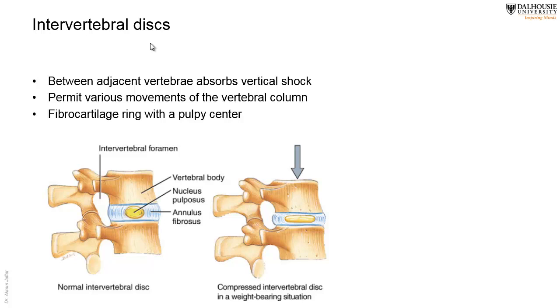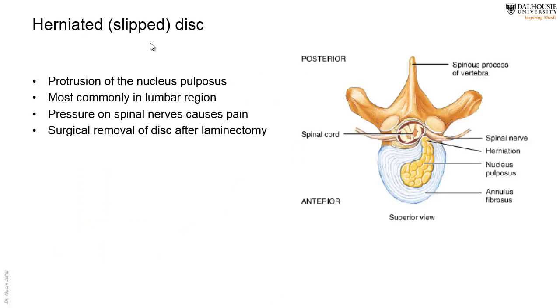This is what we call a slipped or herniated intervertebral disc. The disc does not actually slip completely, but this is the term sometimes used. In fact, it is a herniation of the soft central pulp through the fibrous periphery.